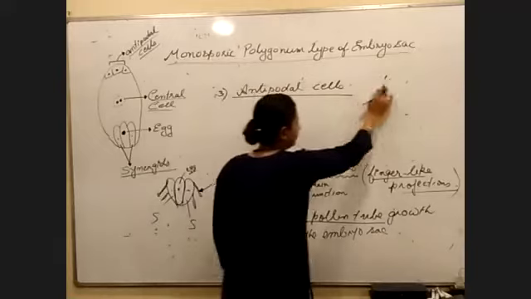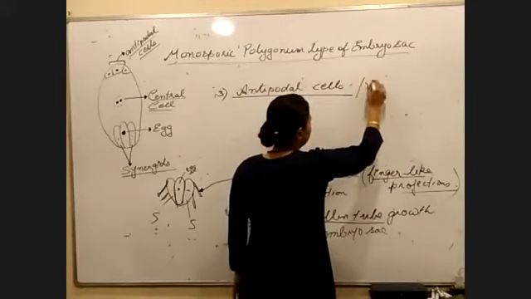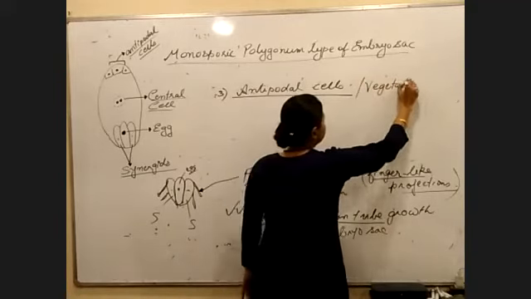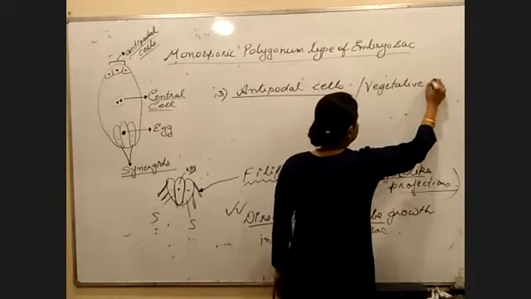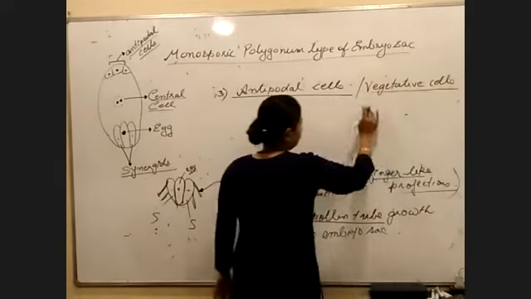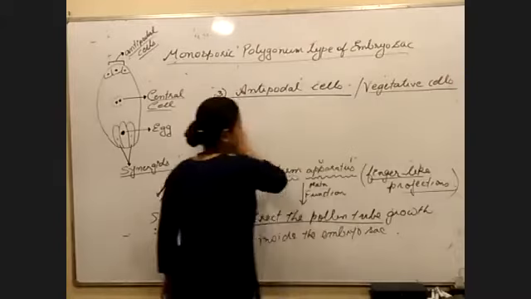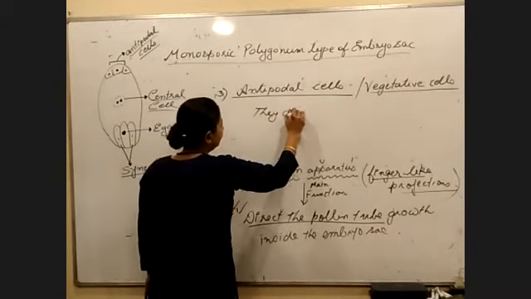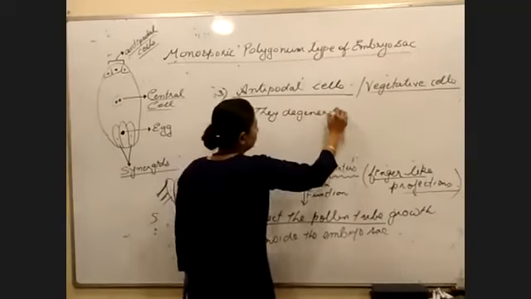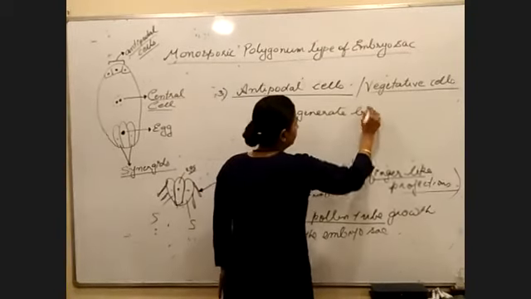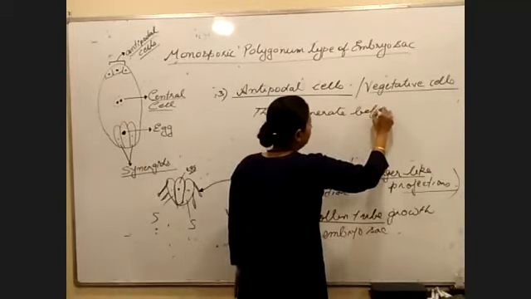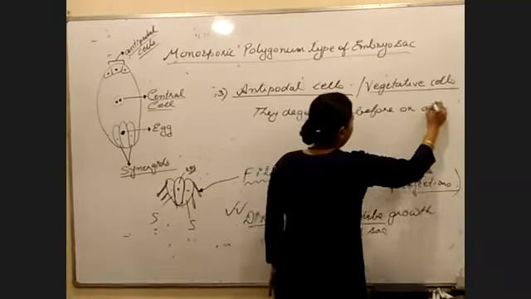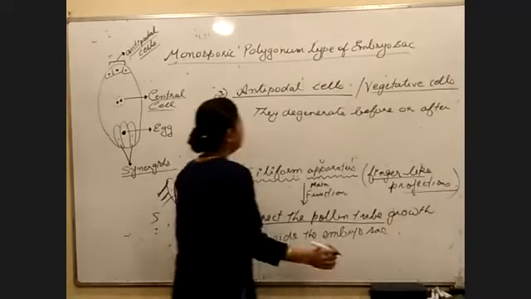Next, we have to write something about the antipodal cells, which are also called vegetative cells. They degenerate before or after fertilization.